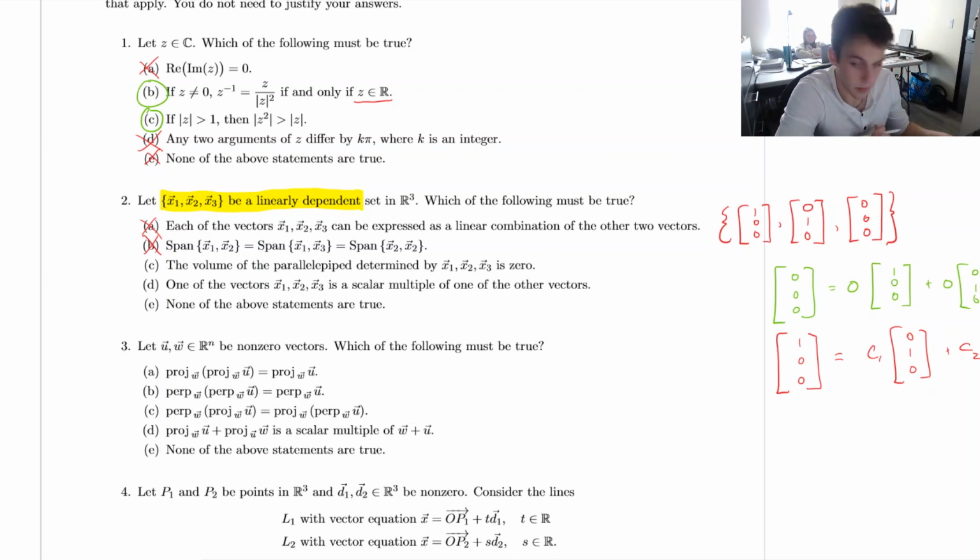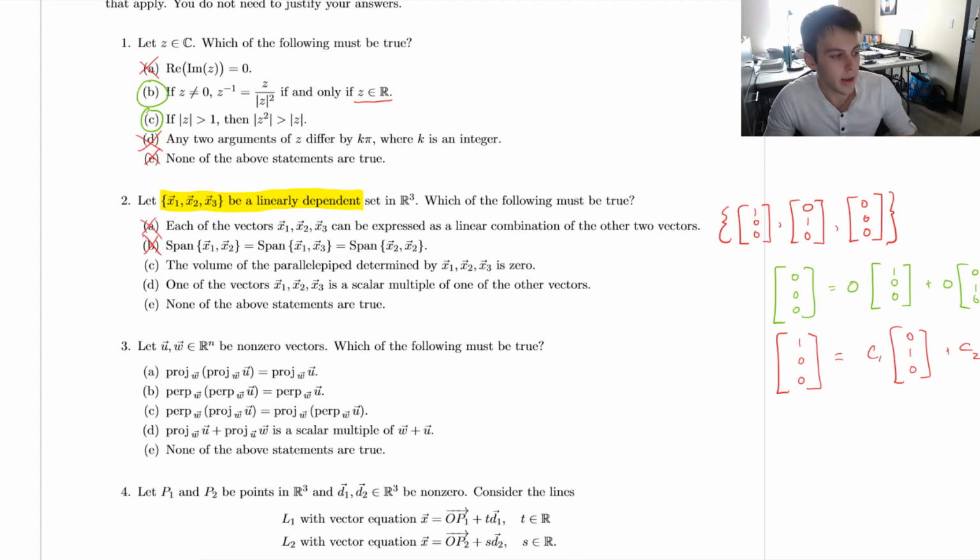So 2C: the volume of the parallelepiped determined by x1, x2, and x3 is 0. Since we know that this is a linearly dependent set, it means at least one of the vectors is a linear combination of the other 2 vectors.